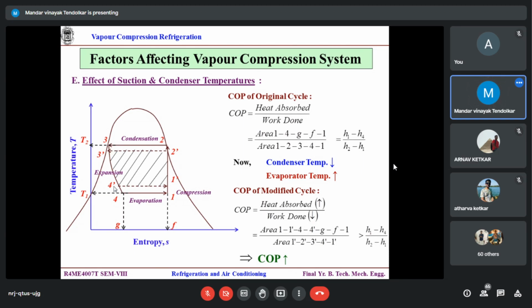So what we have done over there is m dot into Cp into delta T, that is the water part, assuming 100% heat transfer taking place because of the first law of thermodynamics, correct? So that will give me the refrigeration effect. In the denominator, it is the compressor work, which you have calculated with the help of that energy meter, correct? Constant and all such kind of things. And what you got is the COP experimental.